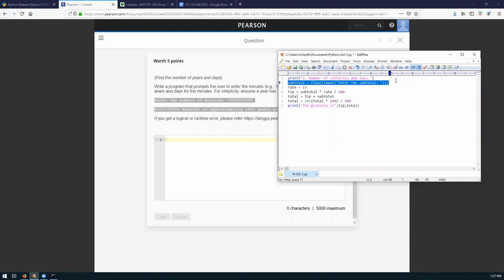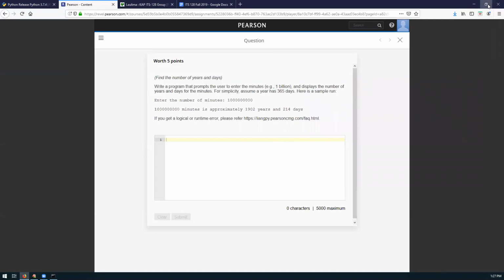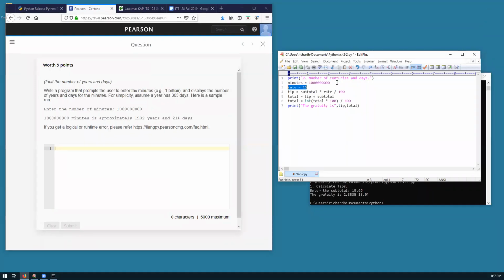Okay, and I'm going to hardwire this in. So I'm going to say minutes equals 1 billion. 1, 2, 3, 4, 5, 6, 7, 8, 9. That's what that is. And then I want to calculate the number of centuries. So that's the number of minutes. And so what's the number of hours? The number of hours is number of minutes divided by 24.